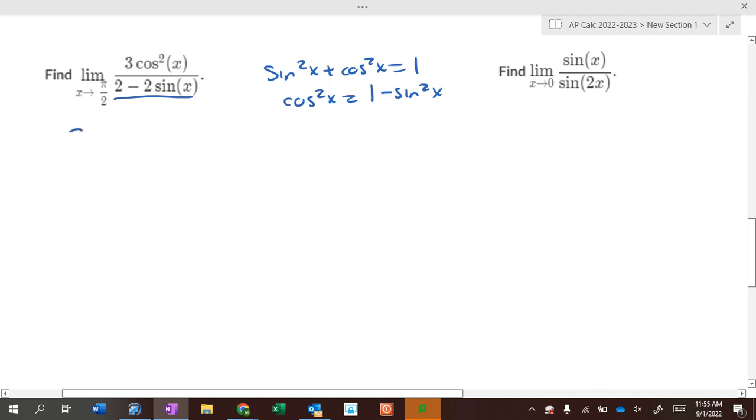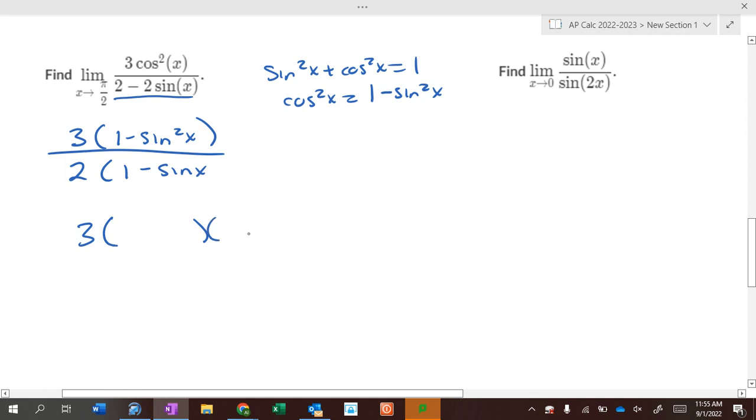So 3 times 1 minus sine squared of x. On the bottom, what can I do to this? You can take 2 out. Take out a 2 and I get 1 minus sine of x. Is there any way I can factor 1 minus sine squared of x? 1 plus sine of x, 1 minus sine of x, because it's difference of squares factoring.